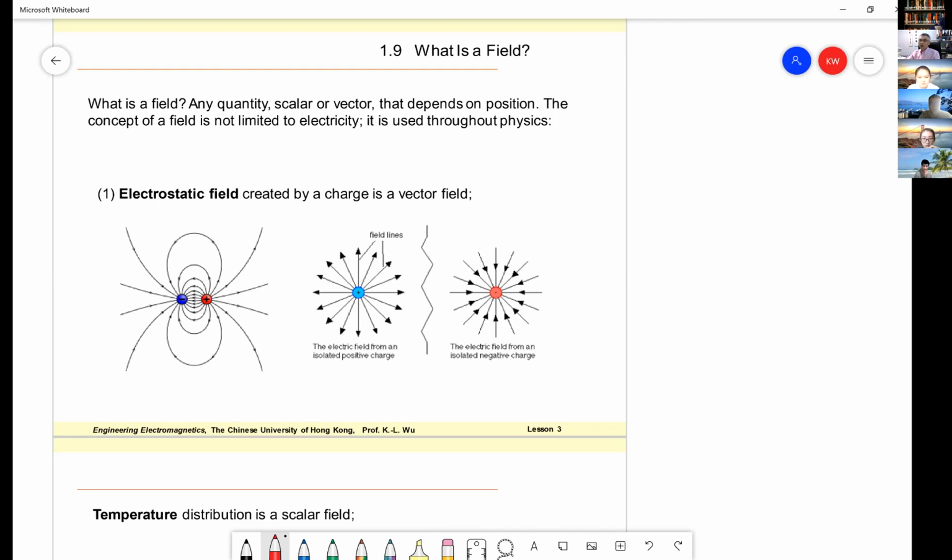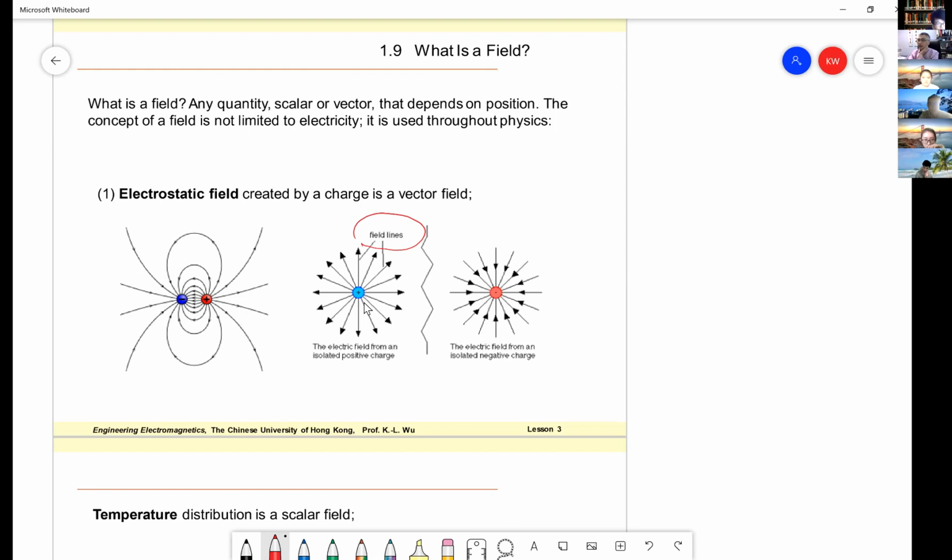Then if we put a positive charge, we know the electrical field will go out, because it goes from the positive charge to the negative charge, where the negative charge is at infinity. So we have so-called field lines.